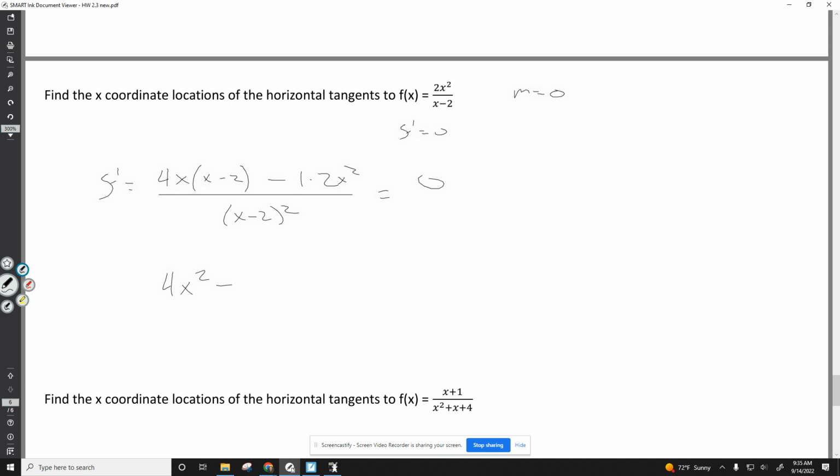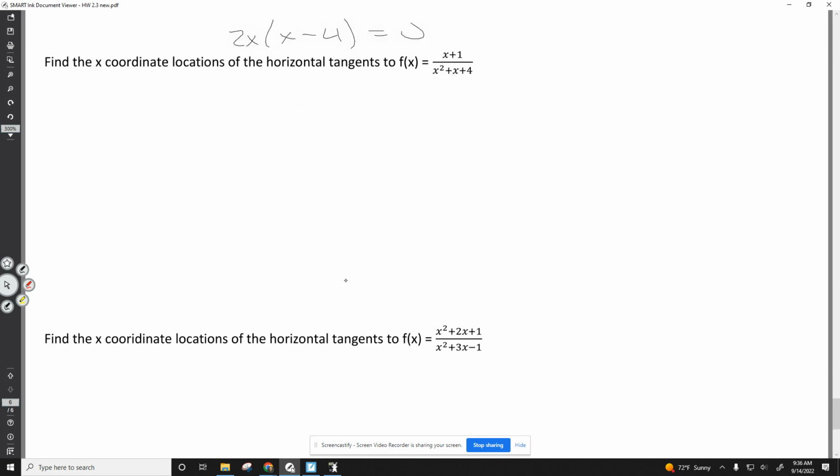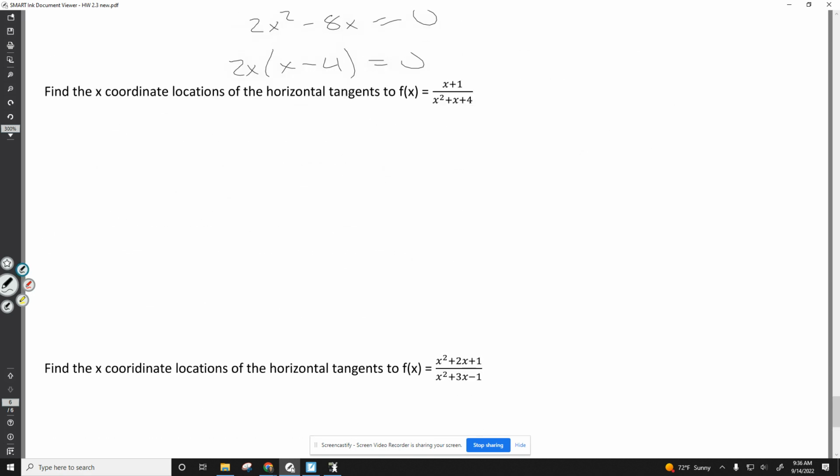We get 4x squared minus 8x minus 2x squared equals 0. 2x squared minus 8x equals 0. This one I got to factor. I'm going to factor out a 2x. And I get x equals 0 and 4. I think the last two are a little bit funky. Good practice, though.